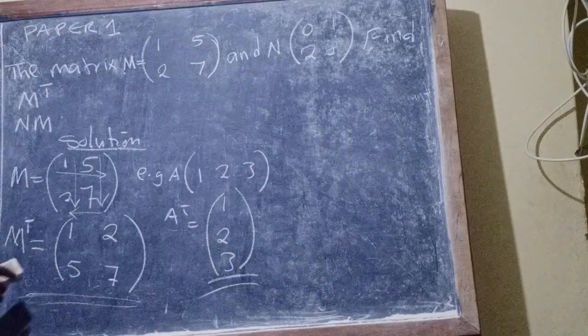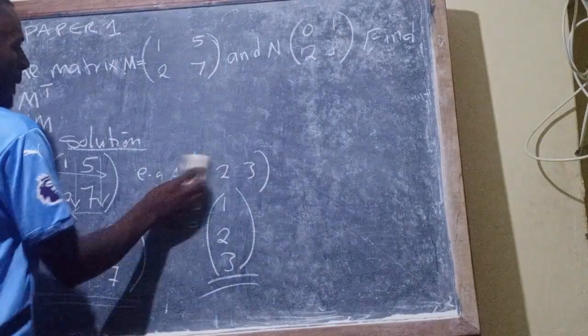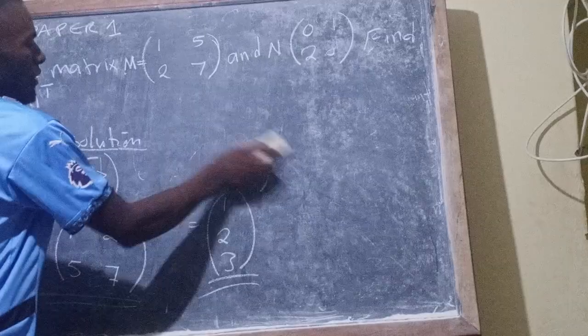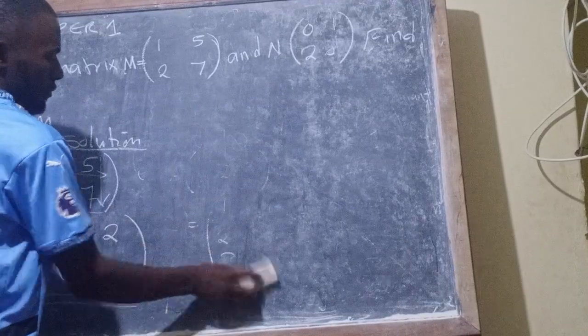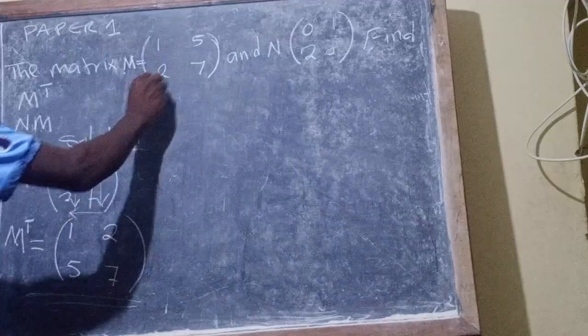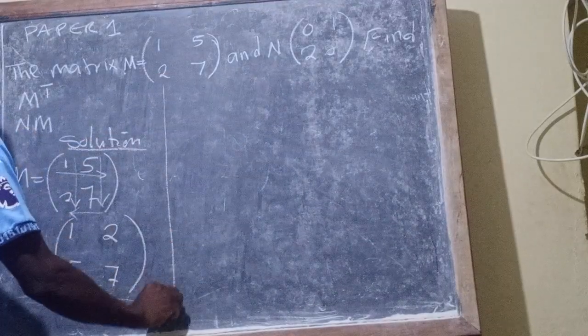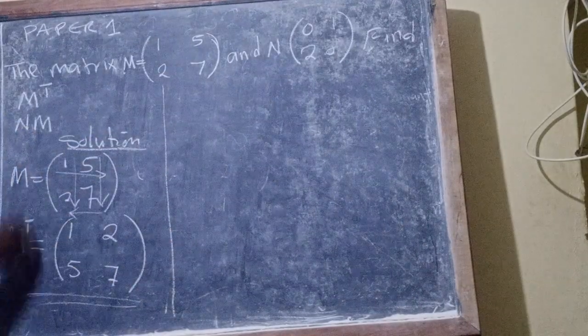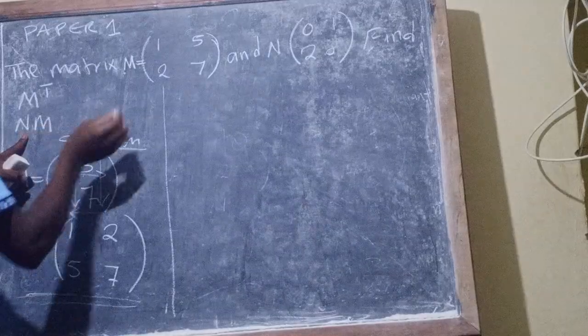Okay, so let's also look at the multiplication part of matrices. How do we multiply matrices? They are telling us to find NM.